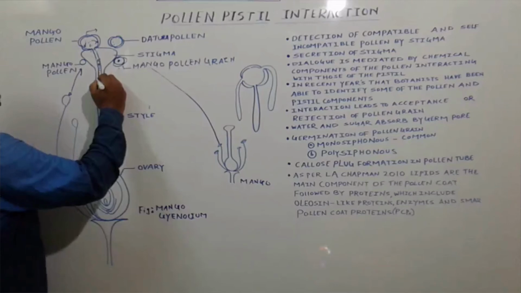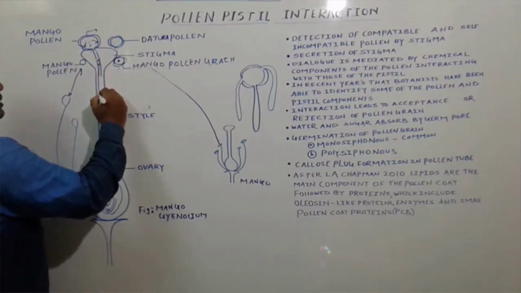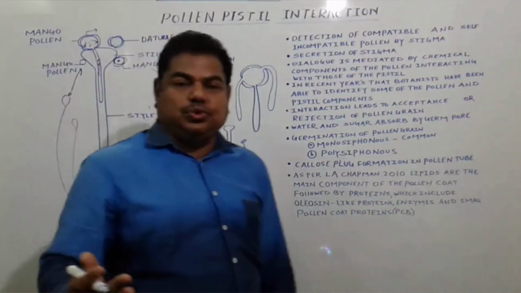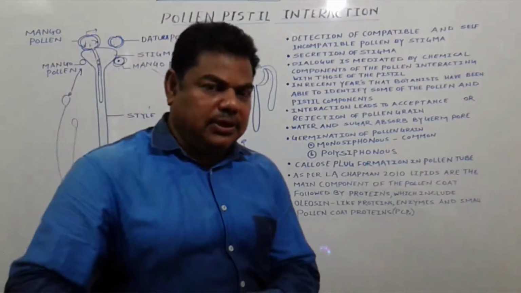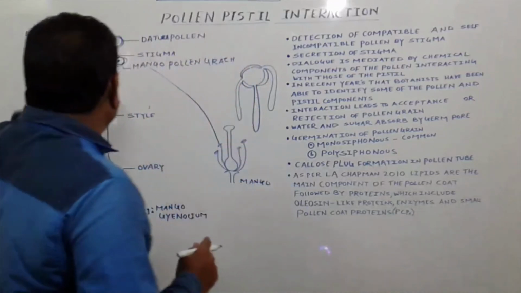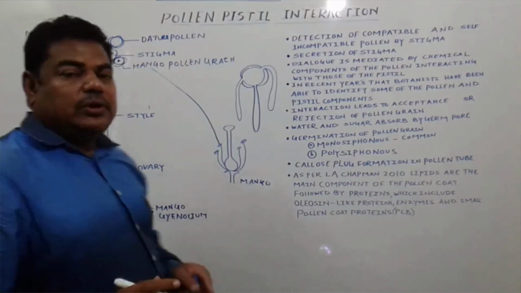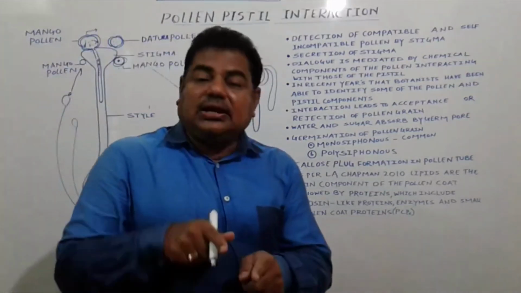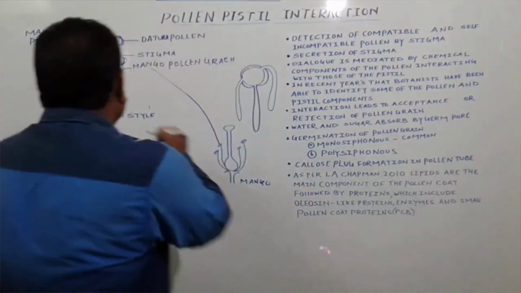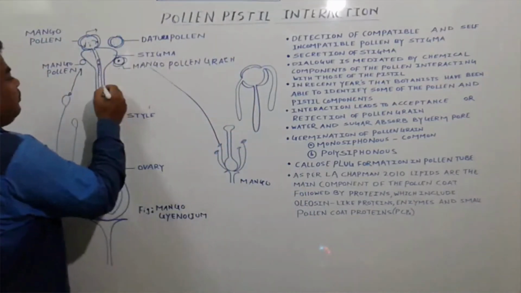Now these pollen tubes move forward through the stylar tissue. The pollen grain has the capacity to pierce all the stylar tissue. They release chemicals, and there is a continuous dialogue between the stylar tissue and the germinating, emerging pollen tube.